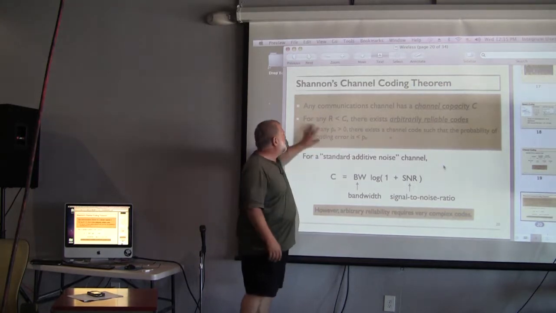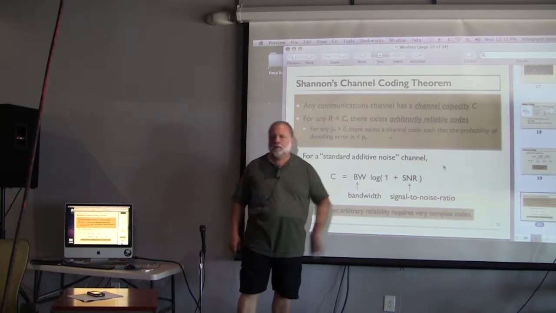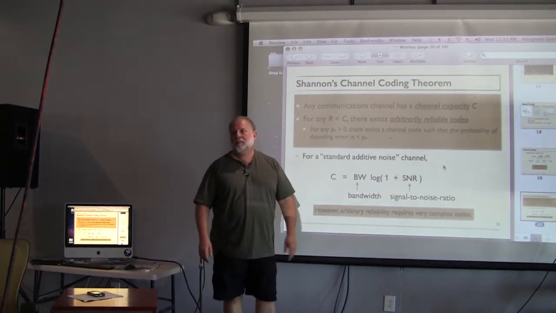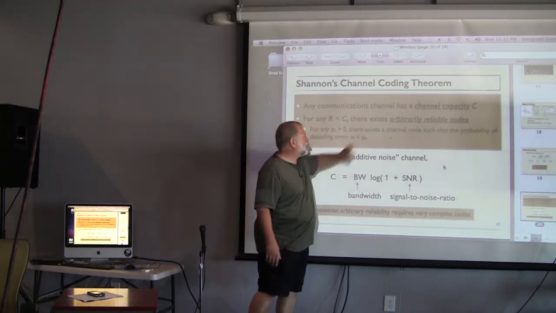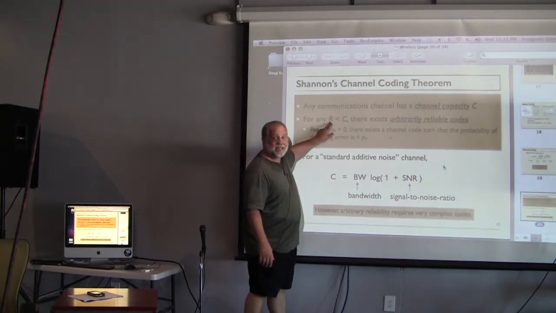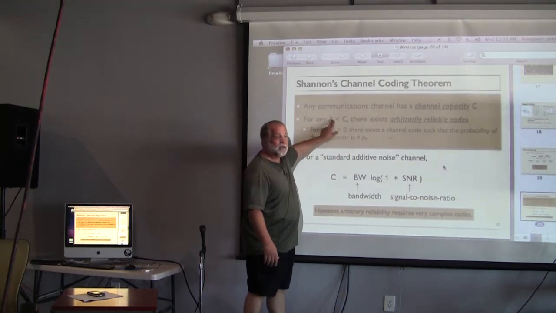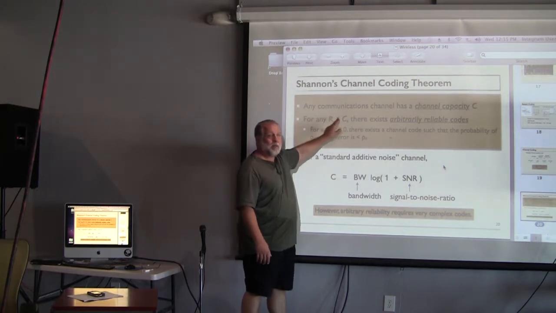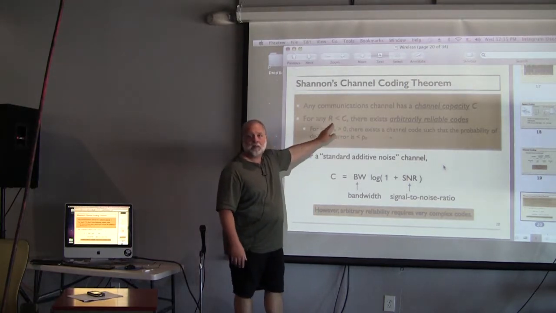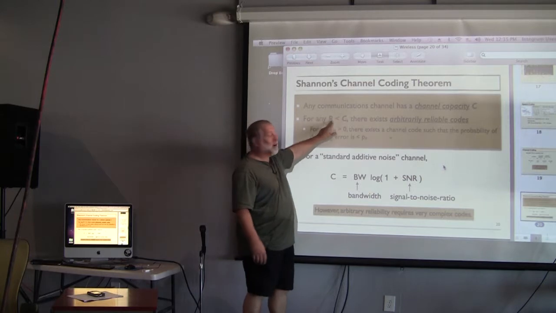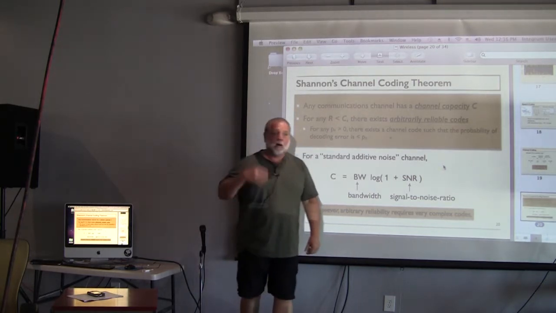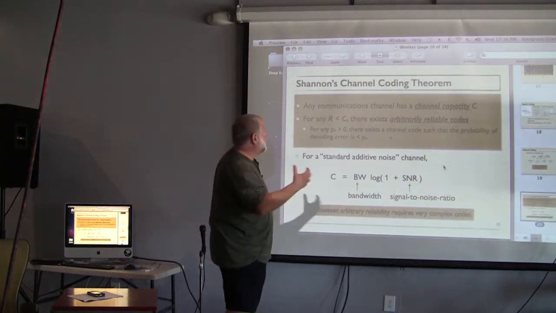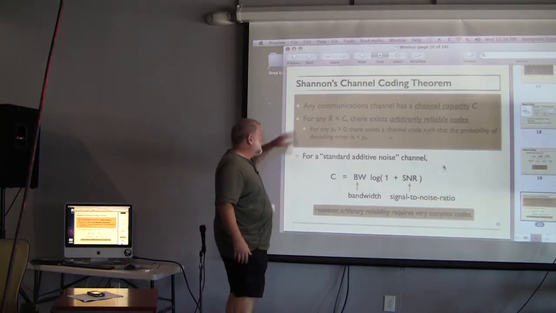So pick a number: 1 in 10, 1 in 100, 1 in 10 billion. There exists a code with a rate arbitrarily close to C that will give you that error probability. So the code rate is not going to 0 in order to get arbitrary reliability. This is a powerful theorem.